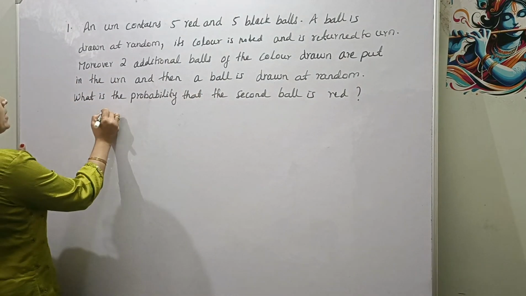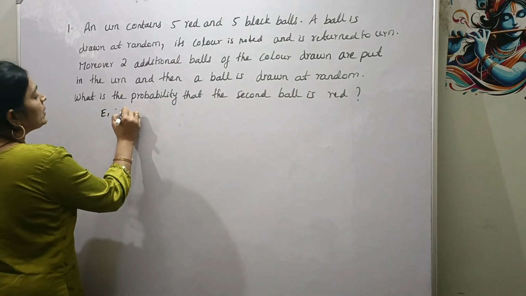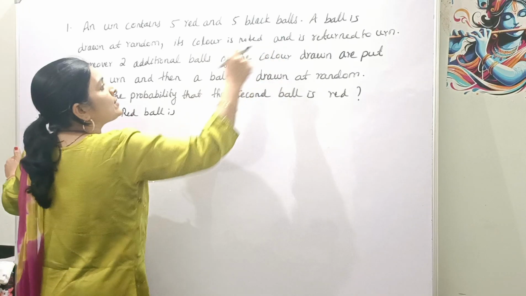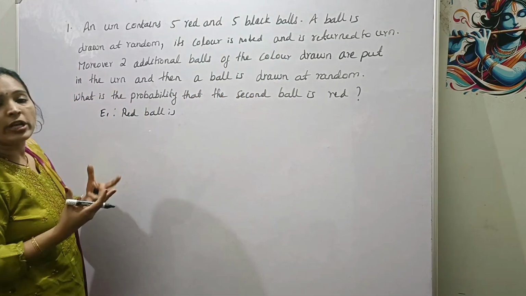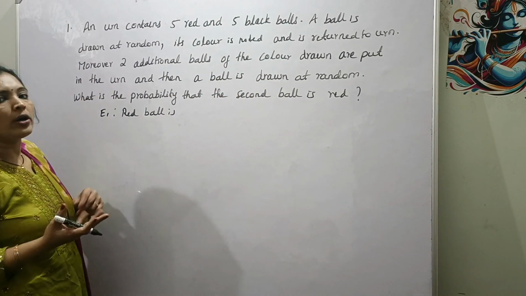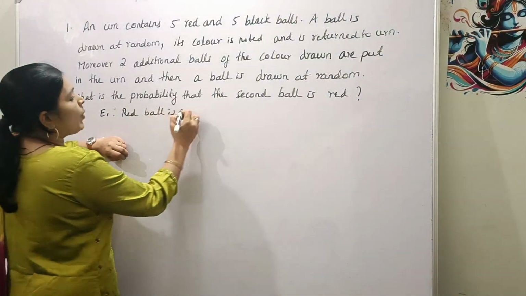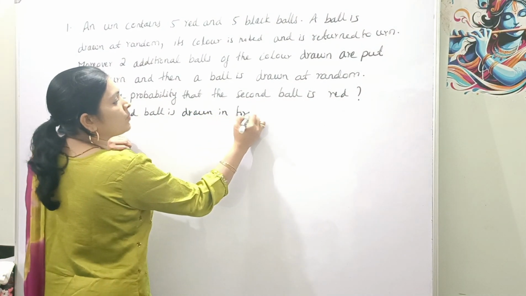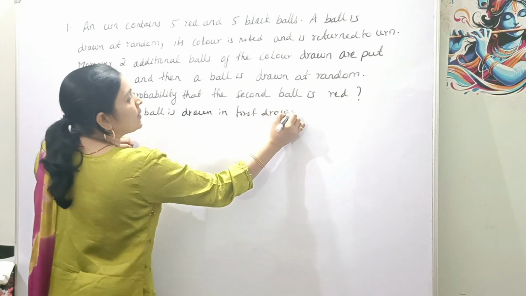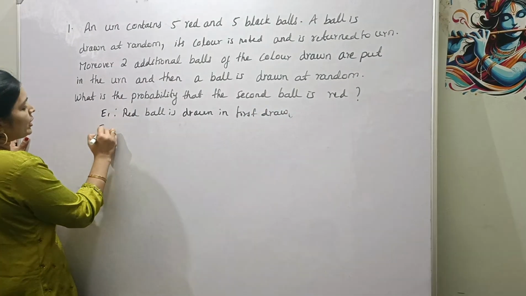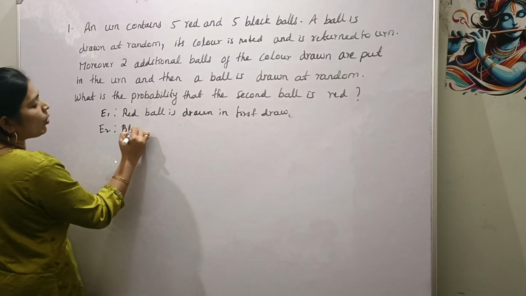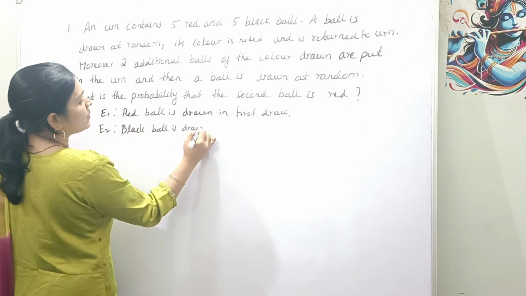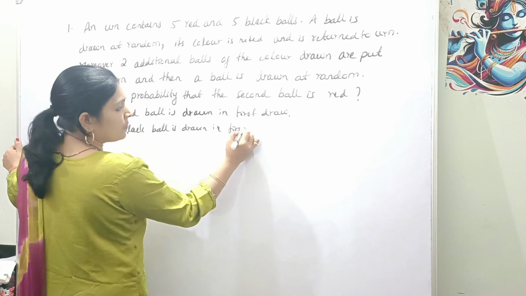Now let E1 be the event. Here we don't know which ball is drawn, either red or black. So E1: red ball is drawn in the first draw, and E2 be the event: black ball is drawn in the first draw.